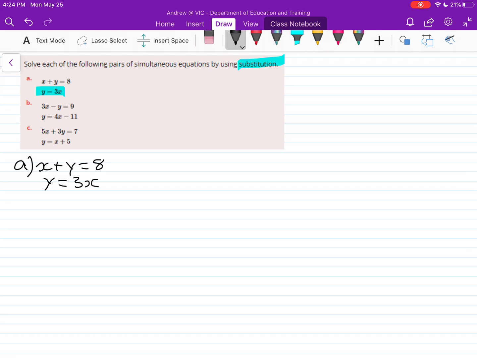So what we're going to do is substitute this value of y, so this 3x, in for this y value, because we've said in this second statement that y is the exact same as saying 3x.